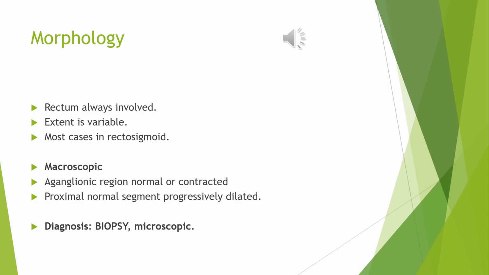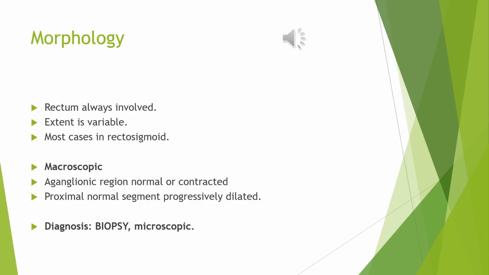So the affected area with aganglionosis, in which we don't have ganglion cells, will look normal or contracted on barium enemas. The proximal normal segment, the normally innervated bowel segment, will undergo progressive dilatation.